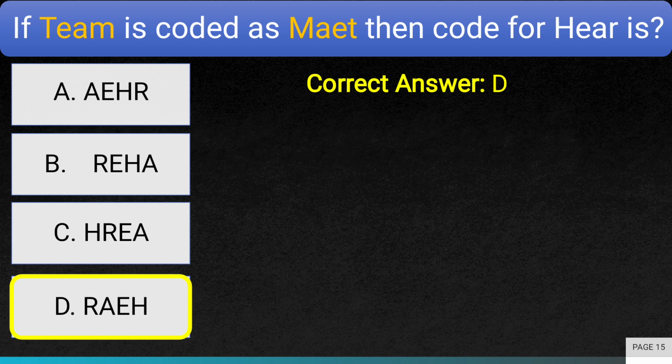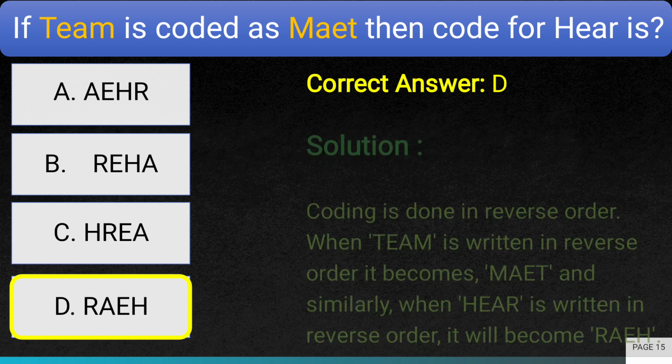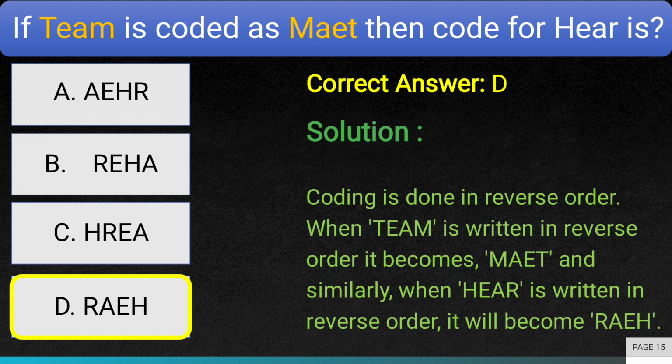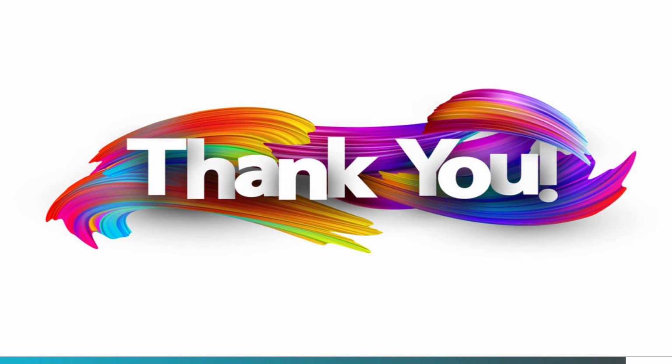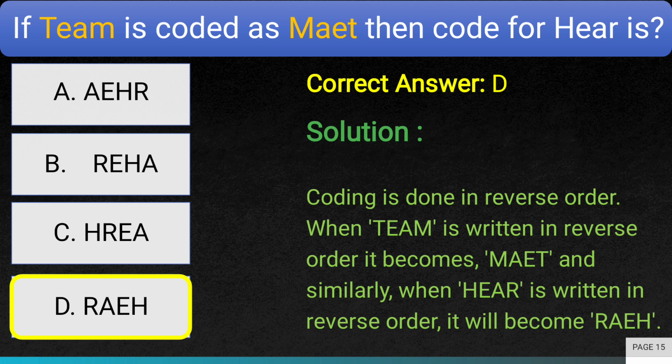So the correct sequence is, if you will reverse HEAR, first of all you will get R, after R you will get A, and after A you will get E, and after E you will get H, right? So you have to just code it, and the coding of team is done in reverse order. Same, you have to also reverse it, and after reversing the alphabets you will get RAEH, right?